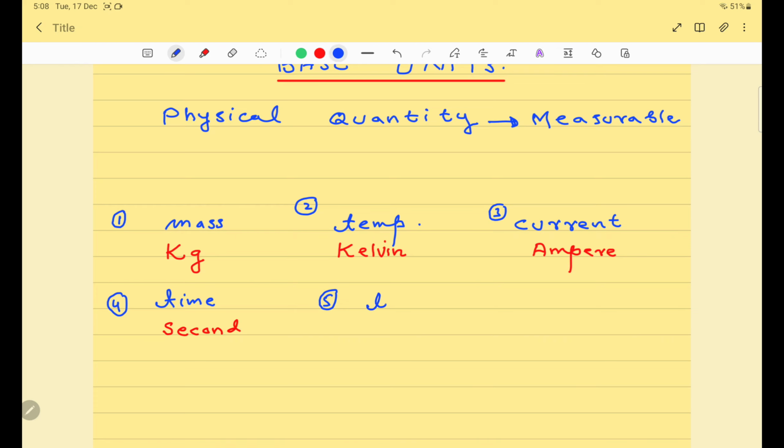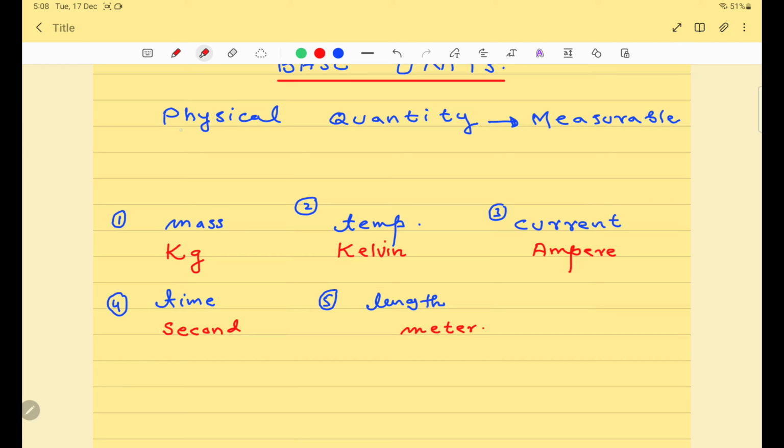And the last thing, length. You know length can be measured in meter, centimeter, kilometer, but its standard unit is meter. So you must memorize these five basic physical quantities.